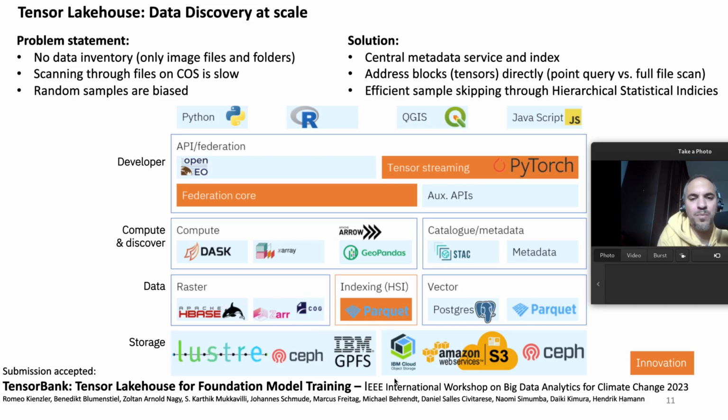And then the other thing is, in order to make this magic happen, so that you have a unique view on your whole data set, you need to index your files, and we are using something called STAC, the spatial temporal asset catalog.